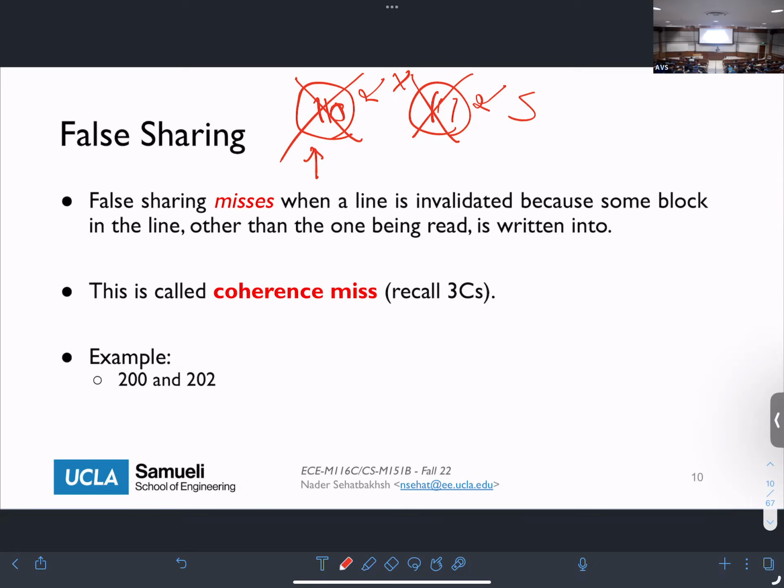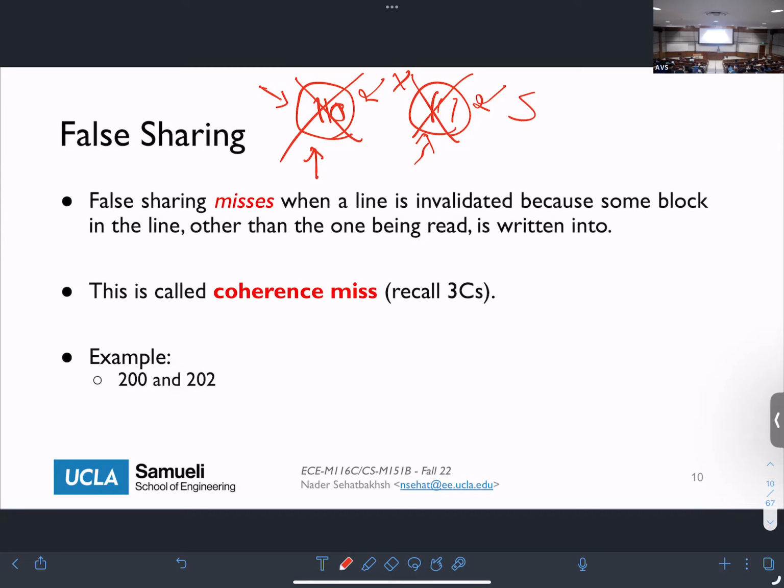And the reason that we call it false sharing is that, yes, if you had 111 and 111 is evicted, still this is a miss, but this miss is because you are actually sharing. But this 110 is not even shared between the caches, but you still will suffer a miss. And because of that, we call this a false sharing issue, because 111 is shared, but 110 is not shared.